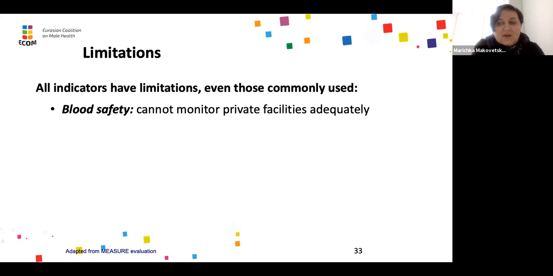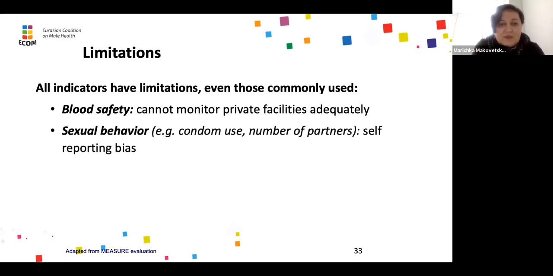Normally the Ministry of Health statistical services collect this information from the state facilities, state primary healthcare level facilities, or any other national facilities, and sometimes private ones are not giving them the information.